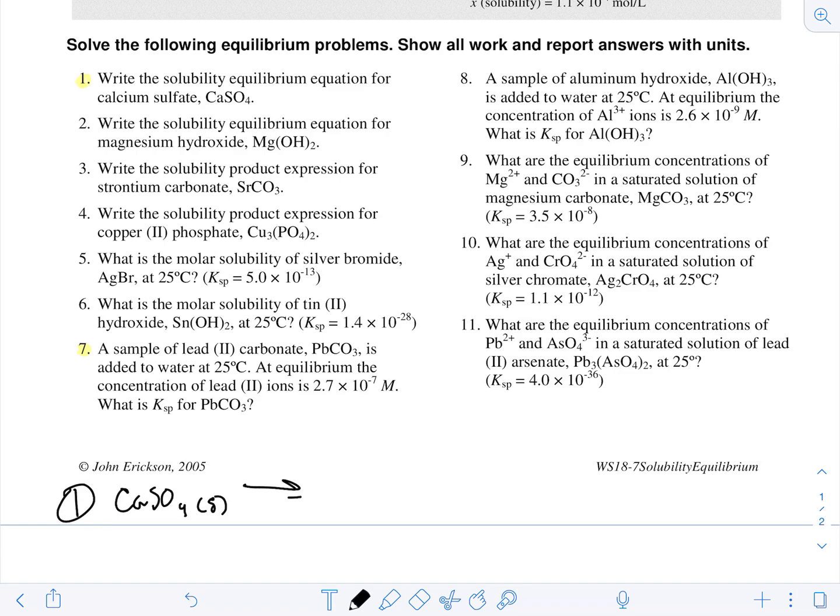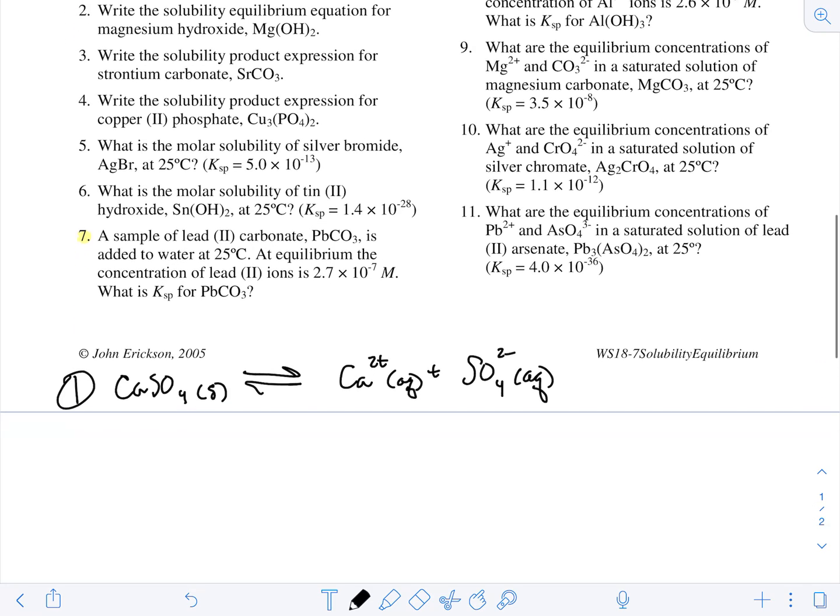So the first thing I want to do is write the balanced chemical equation for that. Notice that we have calcium sulfate solid on the left-hand side, and I want to essentially break down calcium sulfate into ions. Because there is an understood 1 for each, the coefficient is going to be an understood 1.